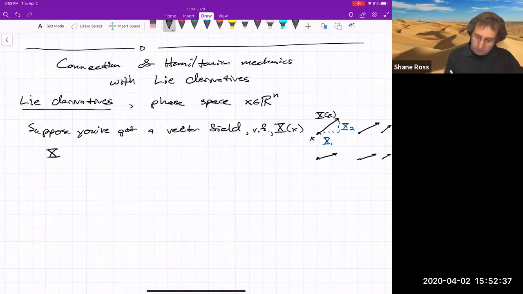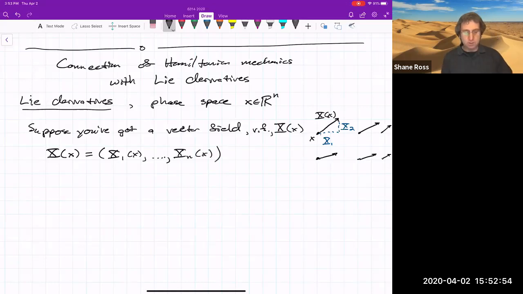So we can write the vector field X, capital X, in terms of its individual components. And we're thinking in terms of the n-dimensional setting. So there's X1, X2, all the way up to Xn. Those are the components. And we're familiar with things like this in mechanics, like from fluids.